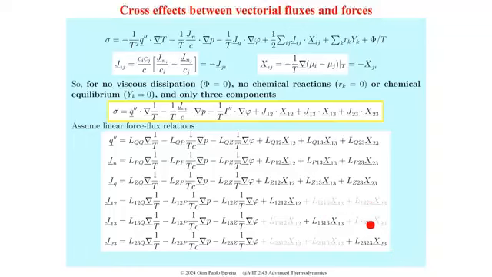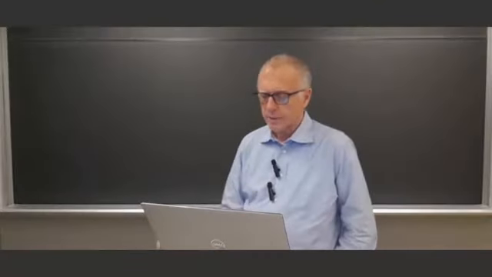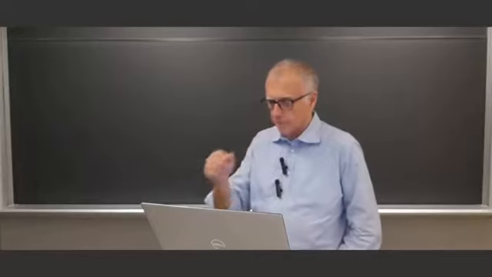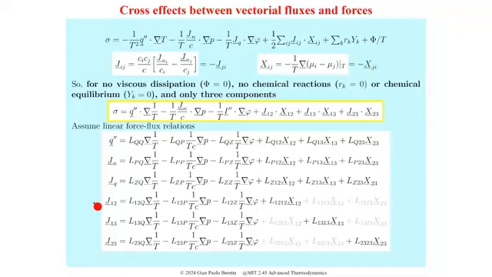For example, here I've already shaded out these off-diagonal ones, because most of the time you assume that the relative flux of pair 1, 2 is driven by the relative difference in gradient of chemical potentials of that pair, and not the other ones.